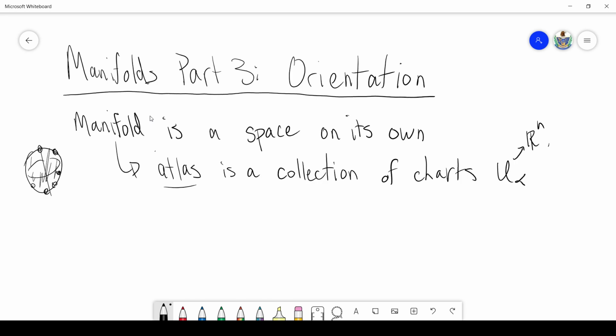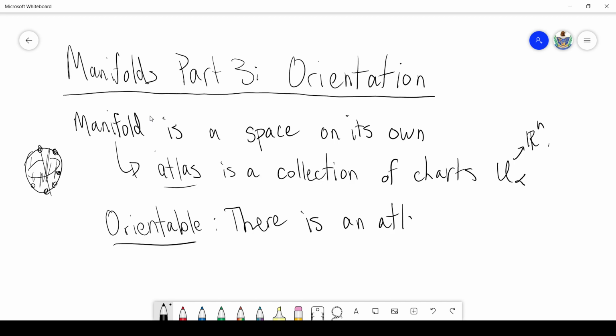So the point here is, when you want to call a manifold orientable, it basically means there is an atlas which gives M an orientation.